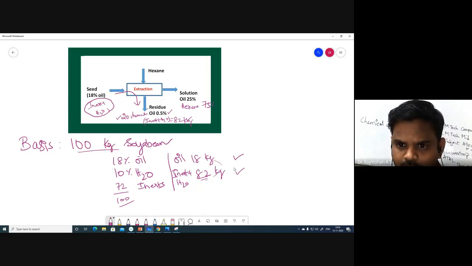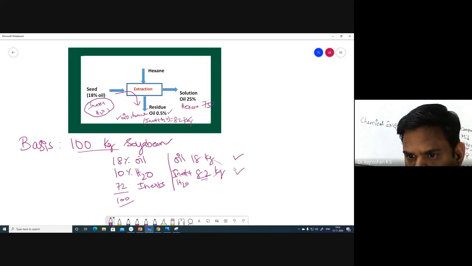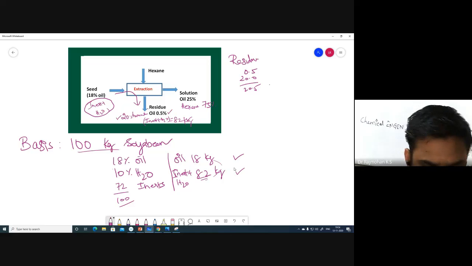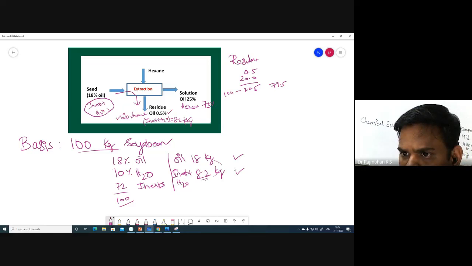So what is the percentage in the residue? Let me say the residue contains 0.5 and 20, that is 20.5. So what is the remaining? 100 minus 20.5 is 79.5 percentage.